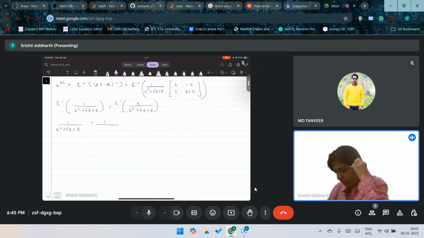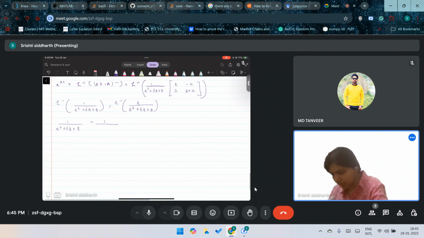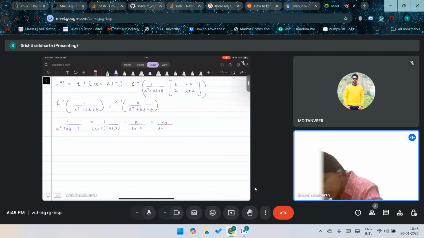The roots of the denominator are s plus 4 and s plus 2. Let's just check. Yeah, okay. So for the partial fraction expansion, we can write this as K1 over s plus 4 plus K2 over s plus 2.